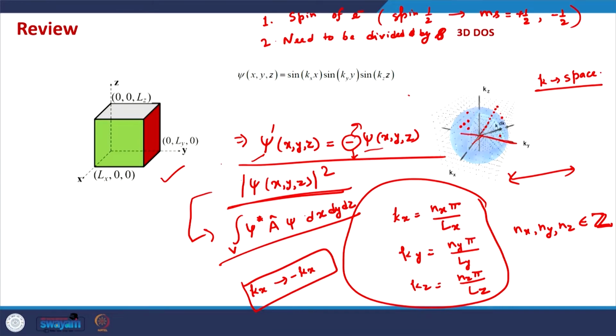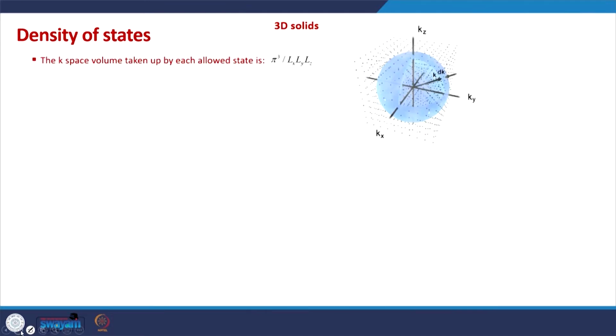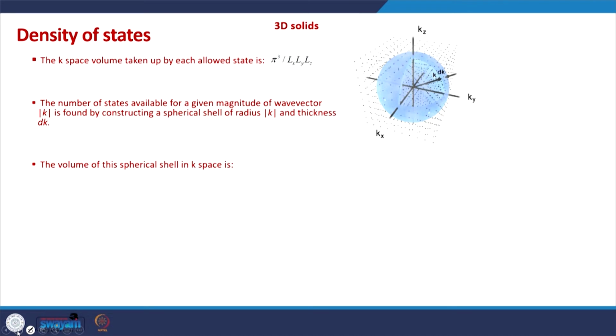Now with these 2 points in mind, we are in a situation to calculate the distinct number of electronic states in a 3D system. So, we need to calculate the density of these points, which means we need to calculate the number of electronic states per unit volume per unit energy, so to say.